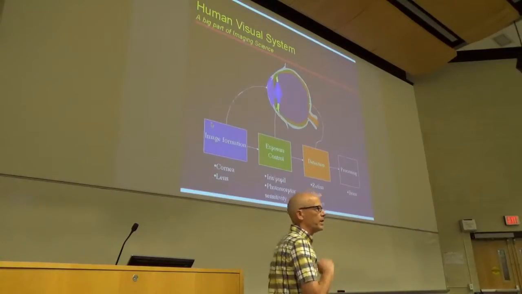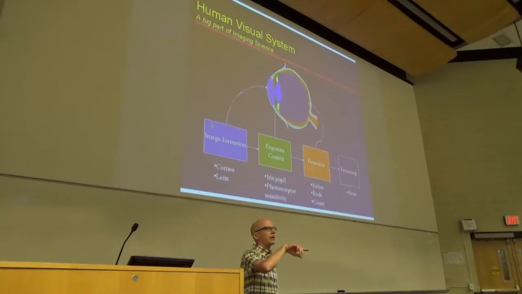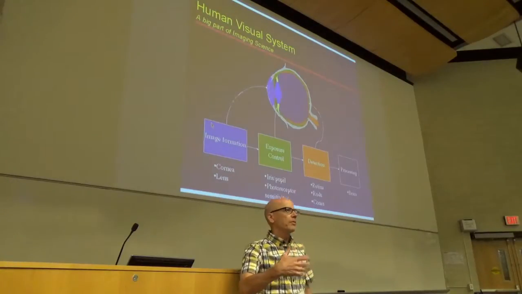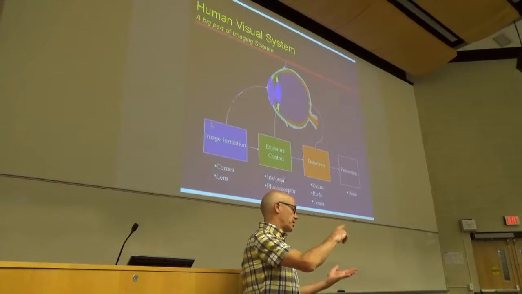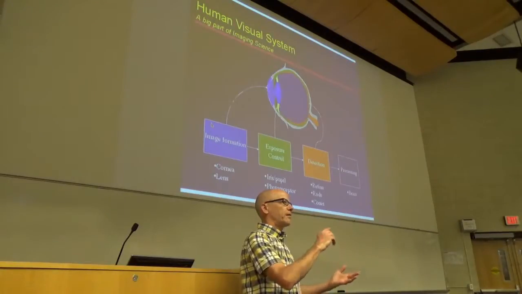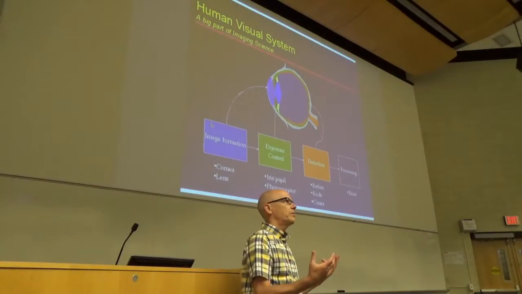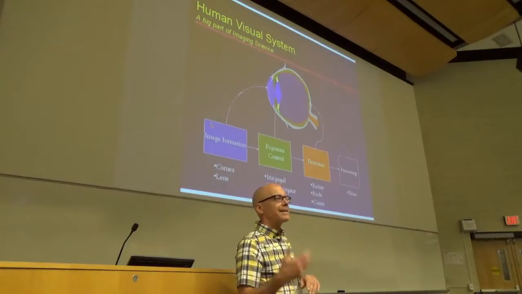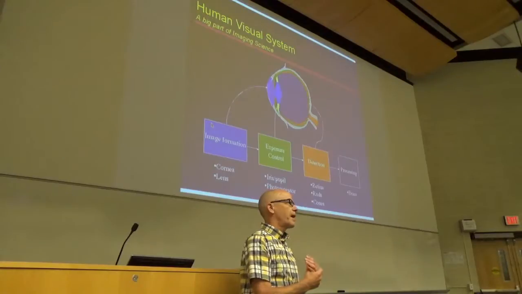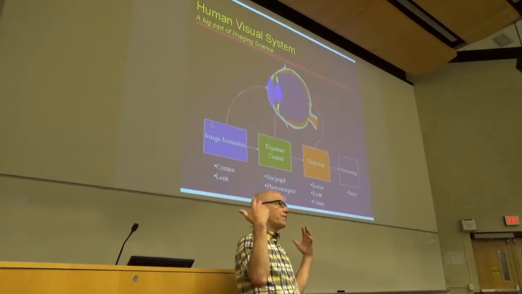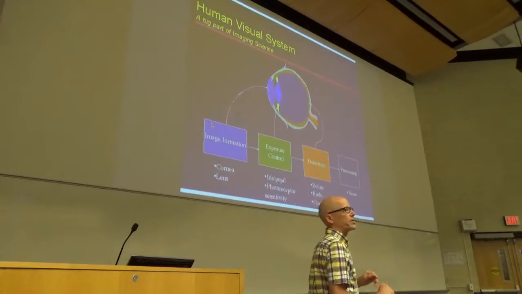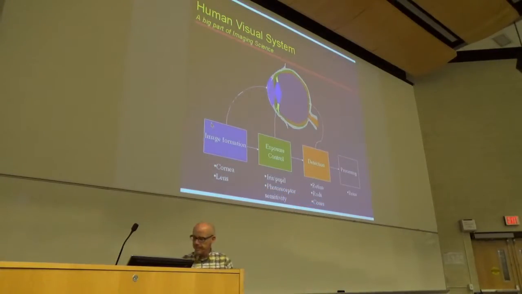And so I'm going to go into each of those pieces, different aspects of either vision or imaging with a camera, where we're going to start out with the source of light. We have to then form an image somehow, usually with a lens. Then it has to be detected, it has to be processed somehow, and then it has to be perceived or visualized. And so there's an analogy between the human visual system and an electronic system.